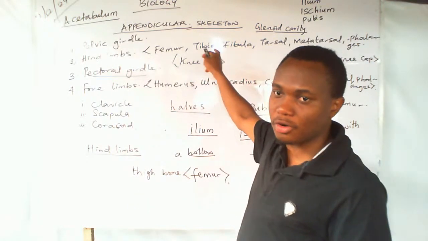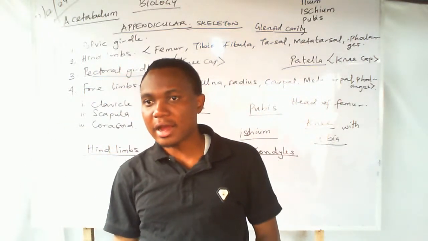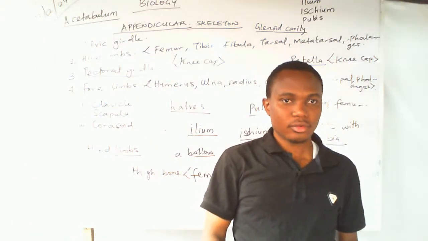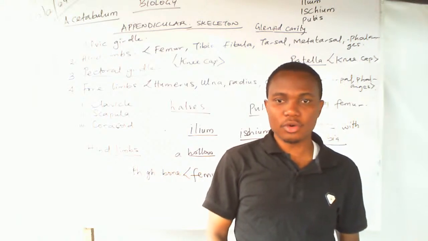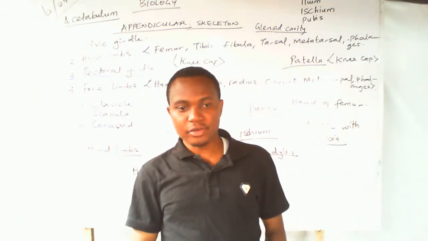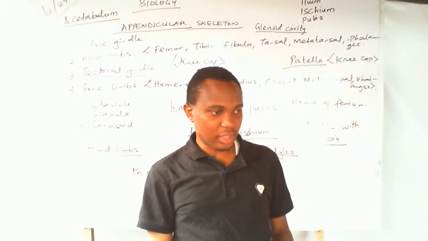It's spelled on the board already. Tibia and fibula form the bones of the lower part of the hind limbs. Do you understand?